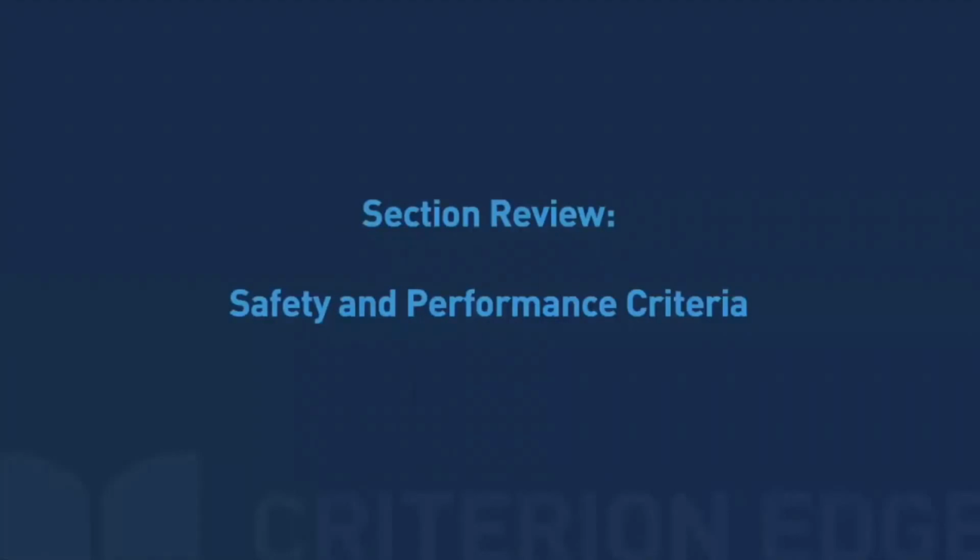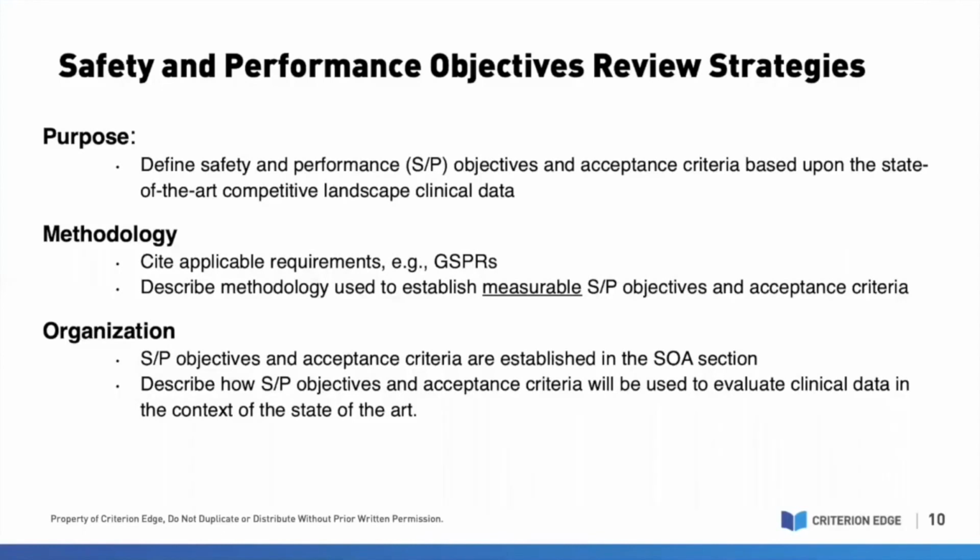Next, we'll review safety and performance criteria. The purpose of the safety and performance objectives, or endpoints as they're also called, is to establish key endpoint outcomes measurable by clearly stated acceptance criteria. Those criteria should be valid, relevant, and measurable, and cover all indications, as I've said before in the state-of-the-art that we just reviewed.